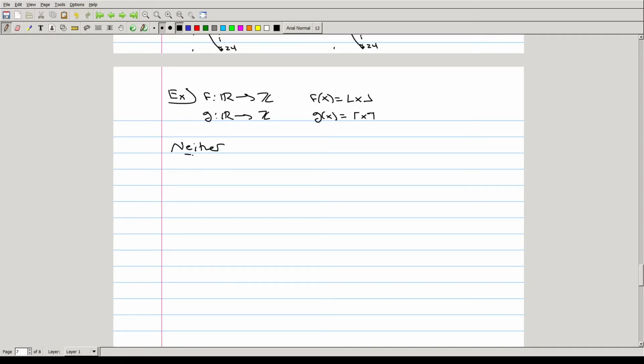Neither of these two functions is injective. And this can be demonstrated by, say, looking at the floor function of 3.5, which is equal to 3, is the same thing as the floor function of pi. And 3.5 is definitively not the same thing as pi, therefore this function is not injective.